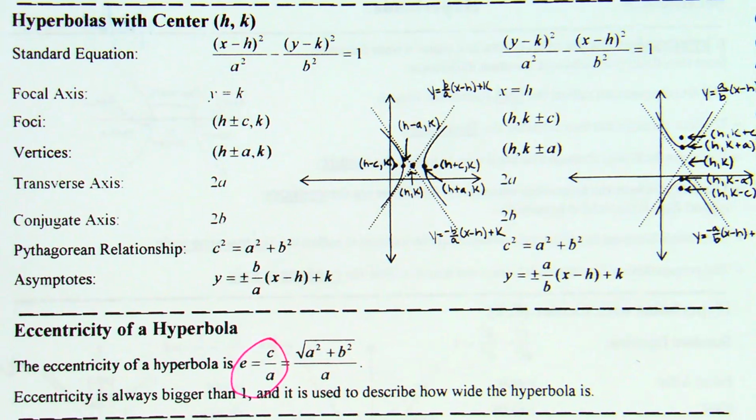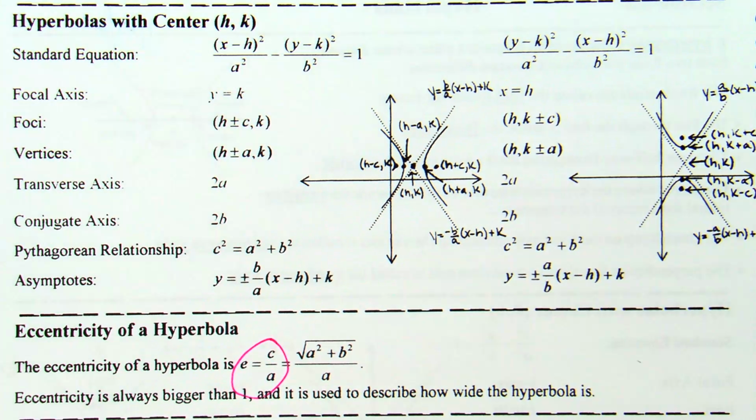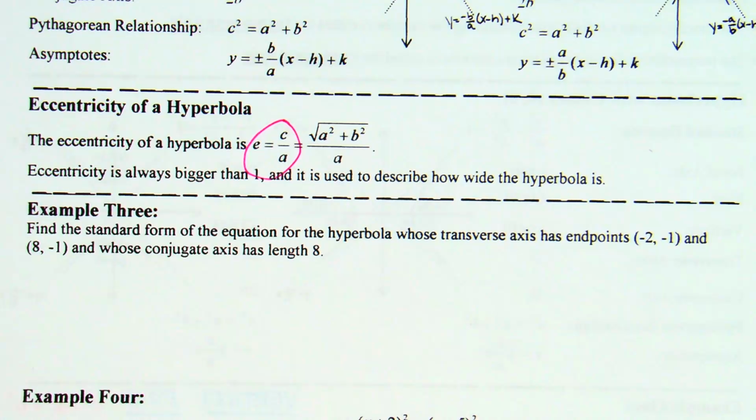Okay, start looking at example 3. Find the standard form of the equation for the hyperbola whose transverse axis has endpoints (-2, -1) and (8, -1), whose conjugate axis has length 8.